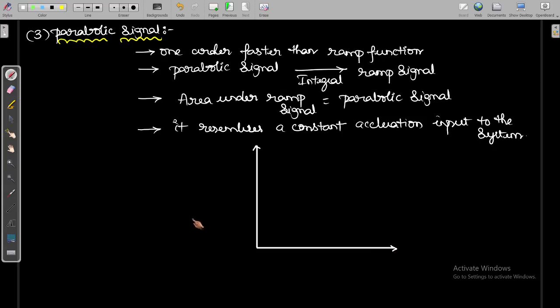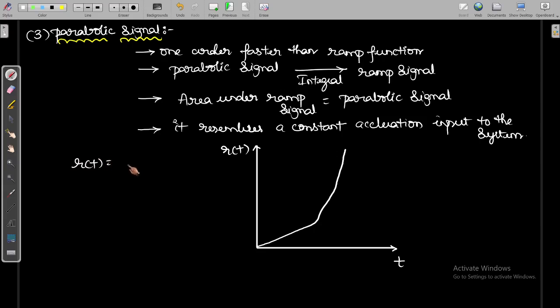Normally the parabolic signal is also represented as r of t, with respect to time. It increases linearly and then suddenly increases like this. So this is called the parabolic signal.